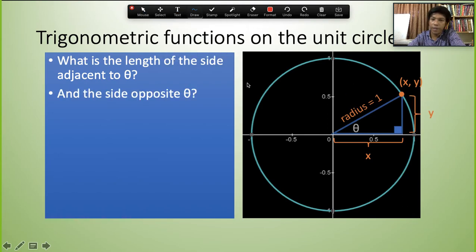According to the Pythagorean theorem, x squared plus y squared equals the hypotenuse squared, but the hypotenuse is 1. Why is it 1? We considered that the radius of the circle is 1. And if the radius of the circle is 1 unit, it is called a unit circle. Unit circle means the radius is 1.